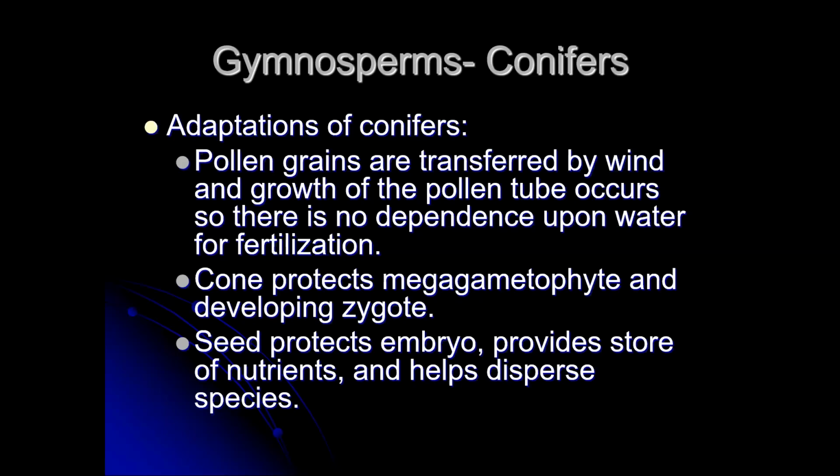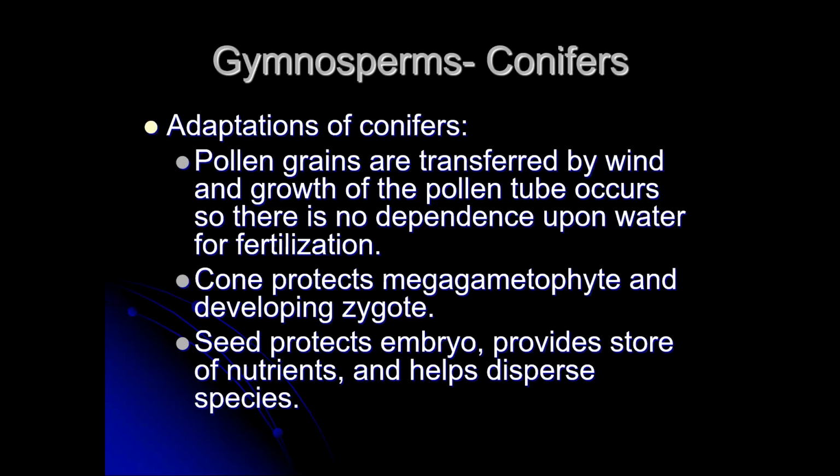And that's what we see with the seeded plants: we've got a protected embryo inside the seed. And that seed is going to provide and store nutrients and helps to disperse the species away from the parent tree.